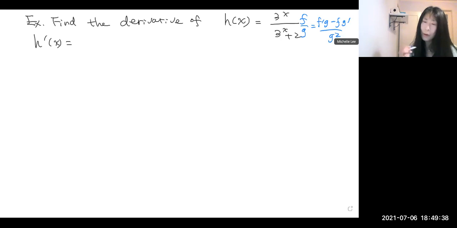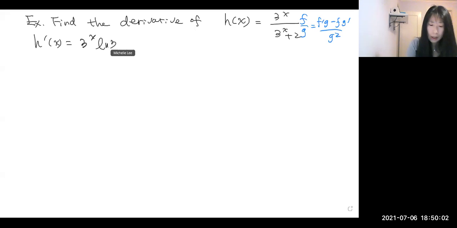So we do f prime, what do you get? So let me see. Since this is the beginning, let me write it down for you. F prime, which is the derivative of 3 to the x, we just rewrite, right? And then the base, ln 3, right? Okay. And g, which we just copy down.